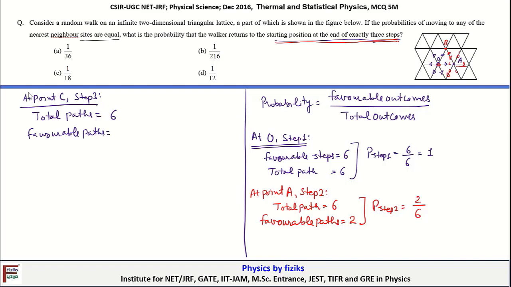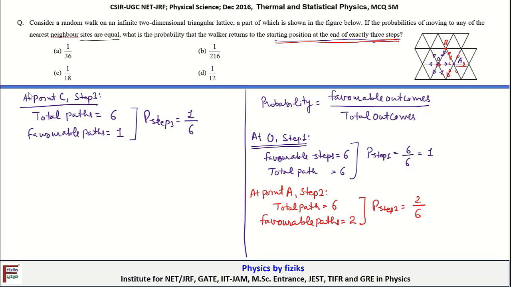So when the random walker has reached this point, at point B, and because now it's going to the third step, and in the third step the random walker is assumed to be at point O, there is only one possible path by which the random walker can again come back to the same original or starting position. Okay, so therefore the probability of execution of step 3 is equal to the favorable path divided by the total path.